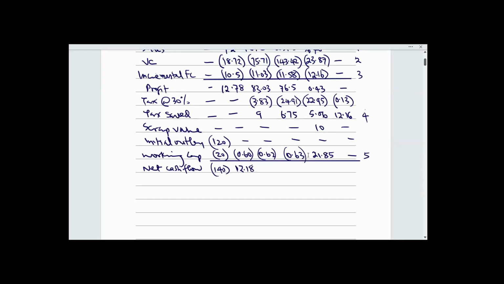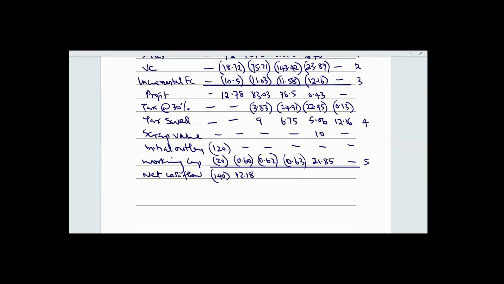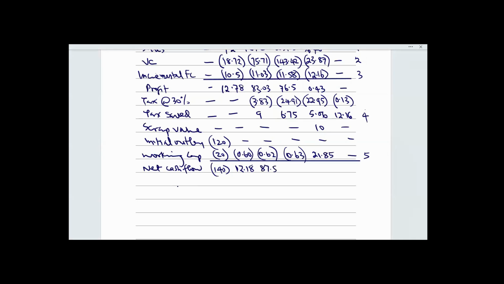So in this case, for year 2, net cash flow, what do you have there? Yes. Year 2 net cash flow. Okay. 87.58. Year 3. 57.71. Pardon? 57.71. Yes, sir. Okay.